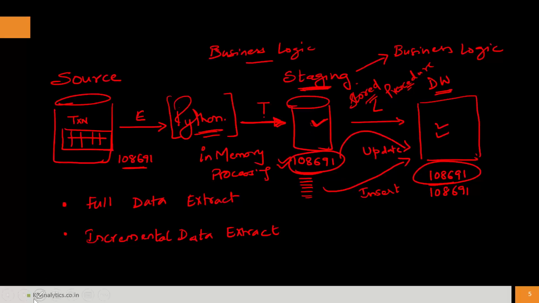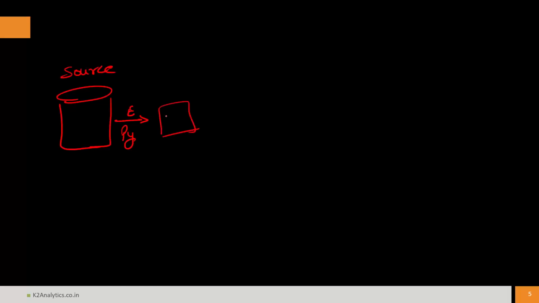So if I can summarize with a neat flow, the flow would be: this is the source. You will do extraction using Python code. After doing a Python extraction, you will get a data frame. On this data frame, you will do the transformation, which will again be Python code.